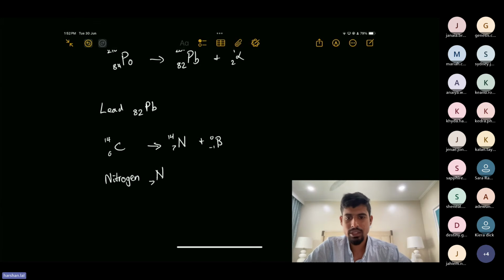Okay, so let's move on to some more radioactivity now, right? Electromagnetic radiation. So what is the difference between ionizing radiation and non-ionizing radiation?